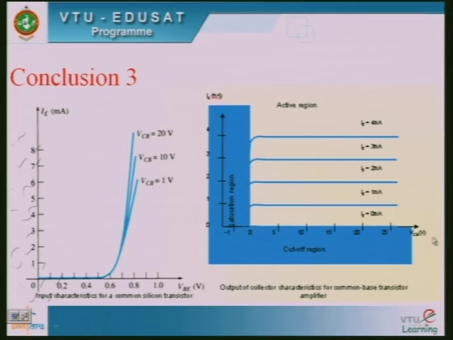This is the plot of VCB versus IC, that is output voltage versus output current, keeping IE constant.